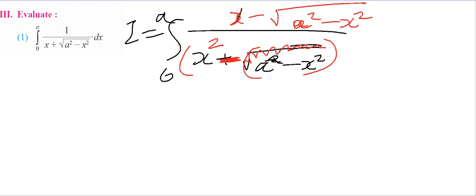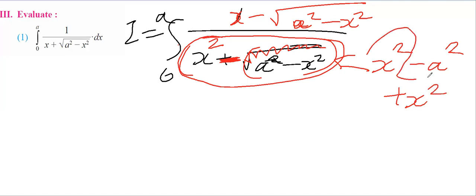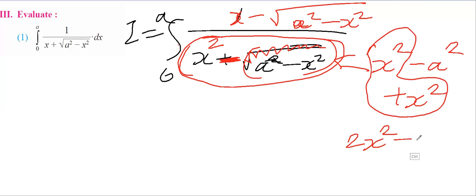So you can see clearly that the denominator part is x square minus a square plus x square, which is 2x square minus a square.